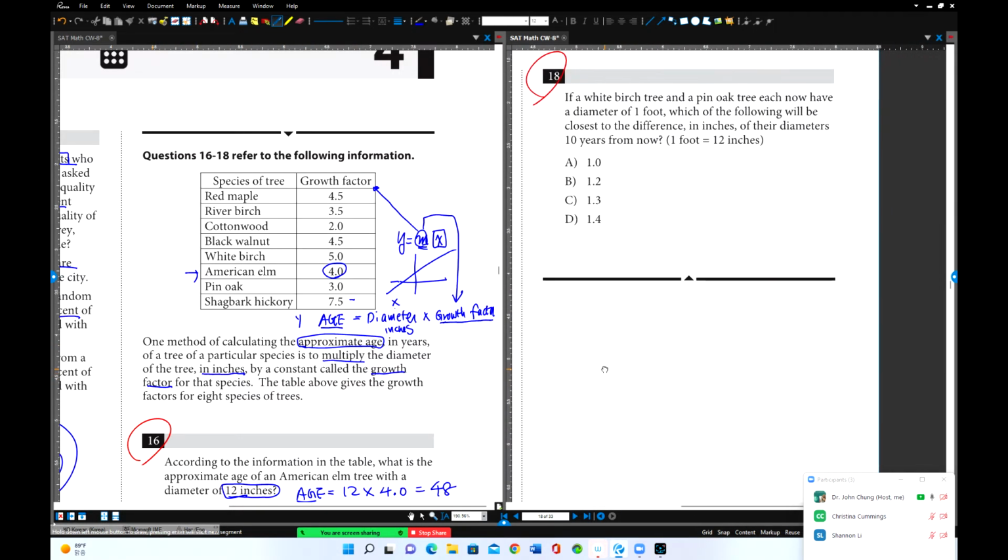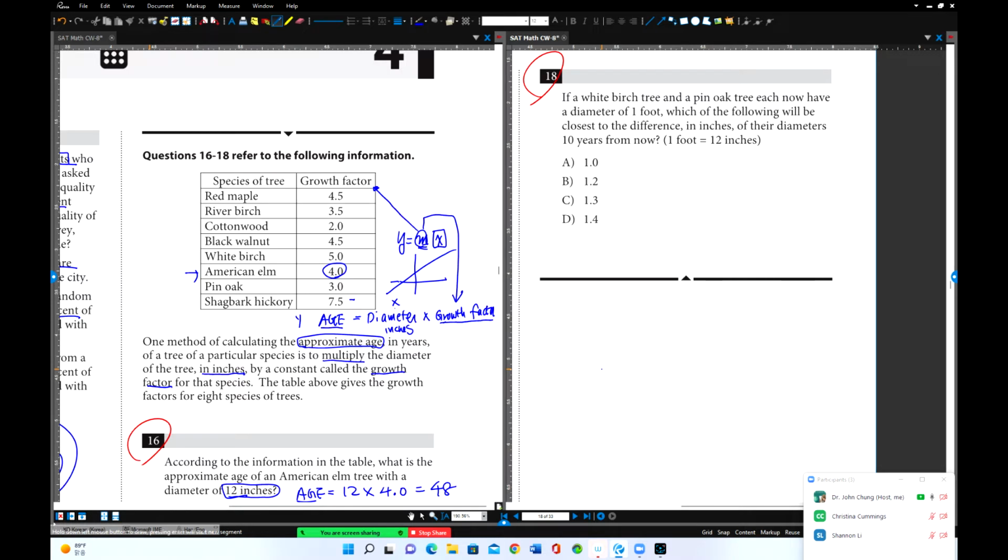Number 18 there. If a white birch tree and a pin oak tree. White birch tree, this one.